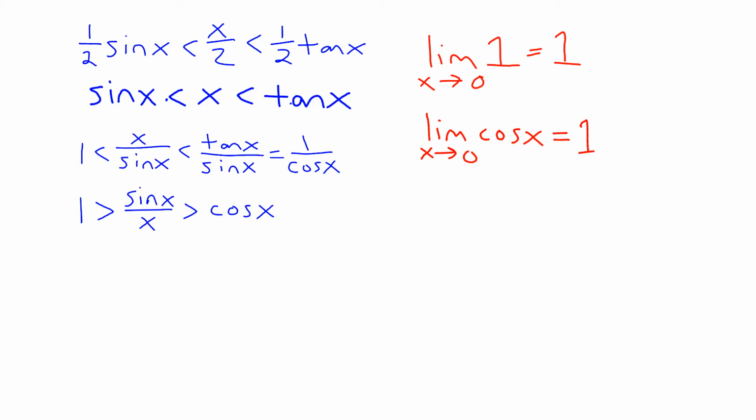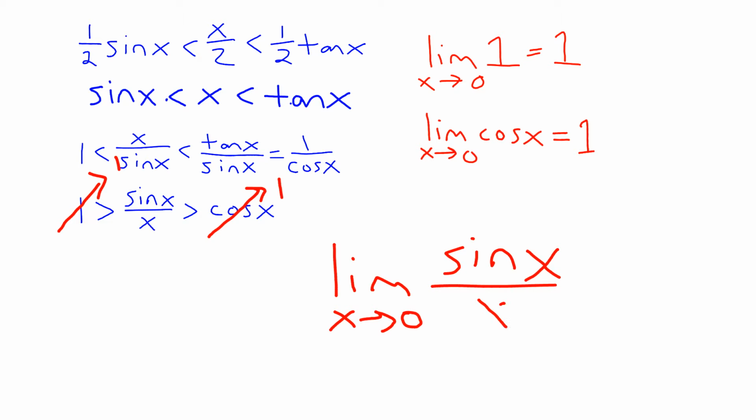So since we took the limit of the smaller function, and that went to 1, and the larger function also went to 1, we can conclude by the squeeze theorem that the limit as x approaches 0 of sine of x over x equals 1.